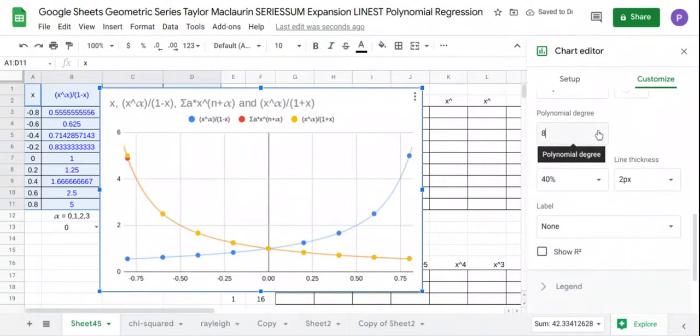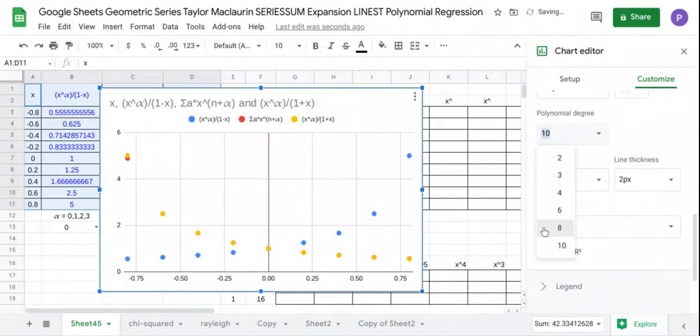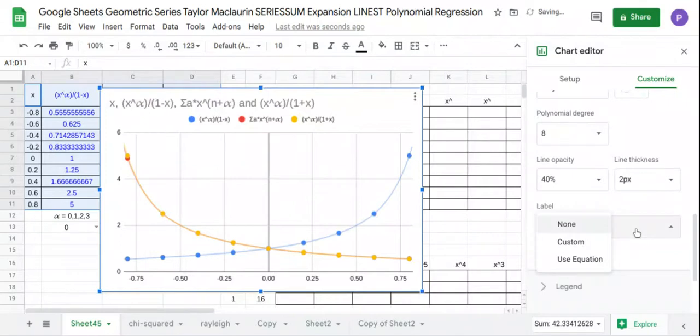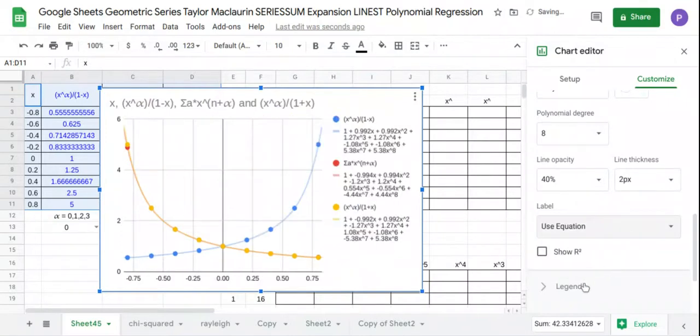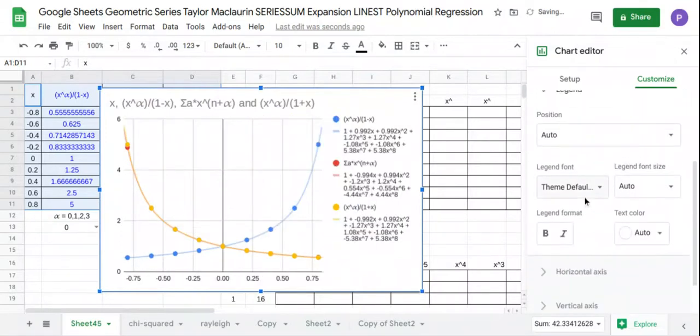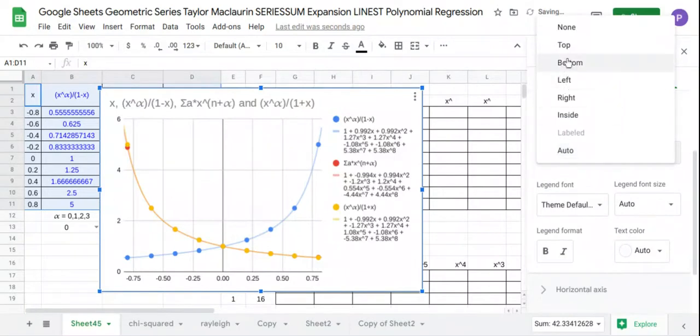Let's try the 10th degree if it works. No, it doesn't work. The 8th degree. And for the label, use the equation. For the legend, position at the bottom.